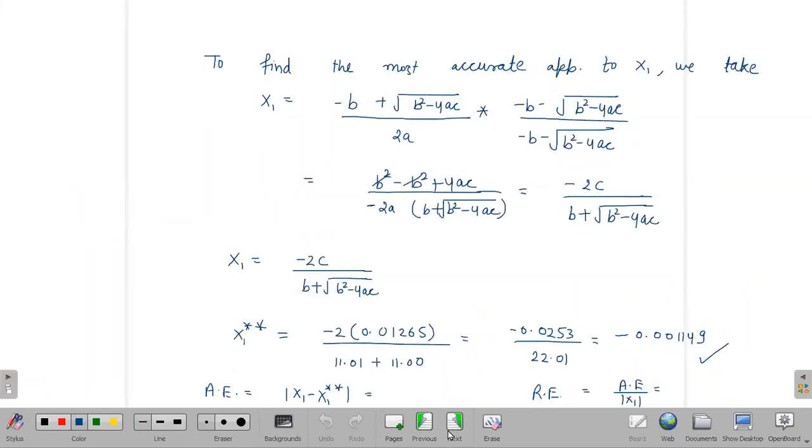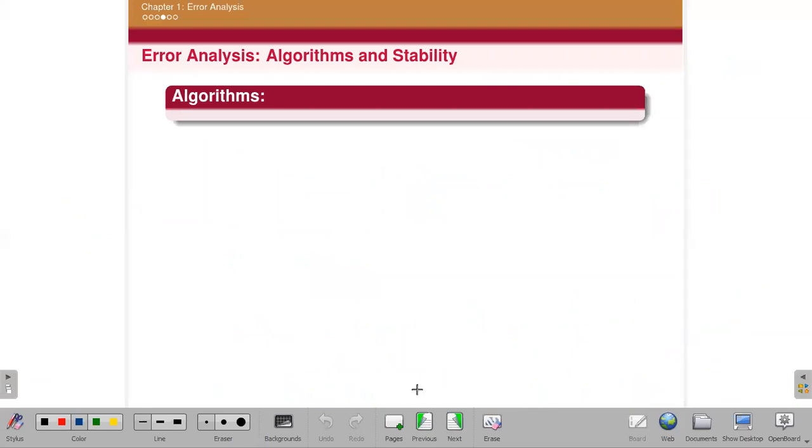So next is algorithm. Actually, from the name you can know about the algorithm. What is the meaning of algorithm? Actually, when you do the programming, if you write all the steps of the programming in a simple way, then that will be an algorithm. It is the steps of the algorithm you perform.